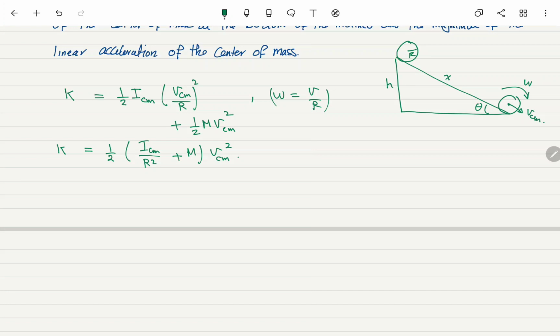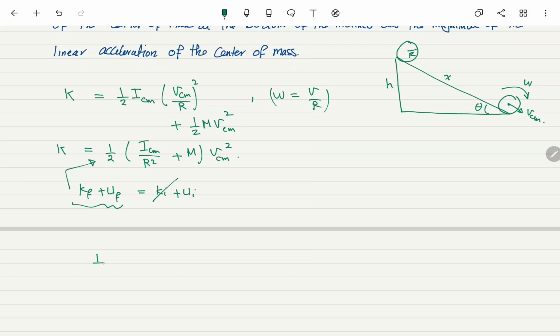In this case here, the K final plus U final equal to K initial plus U initial. Now this part here, we just calculated this from this one here, and no kinetic energy at the beginning of the motion. So the only energy we have here is the potential energy.